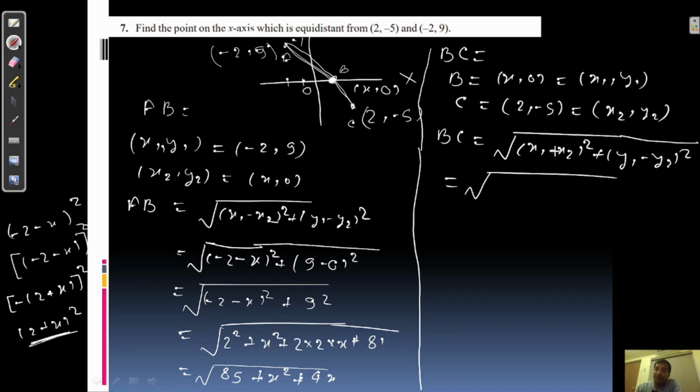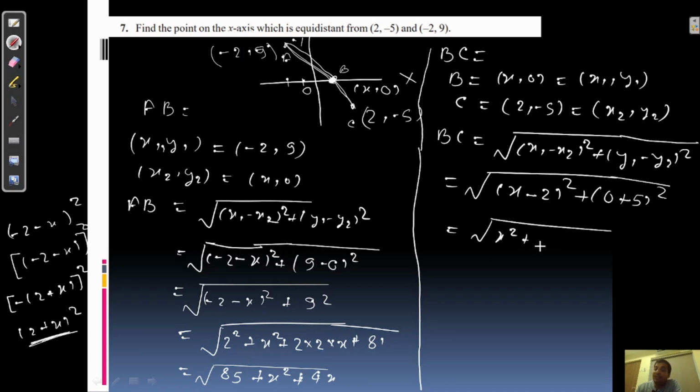Okay. So now tell me, what is the value of x1? Yes, it is x. What is the value of x2? It is 2. Now you can see it is not minus x minus 2, so I will treat this as a minus b. If minus is here, then I can treat it as x plus, a plus b. Plus, what is the value of y1? It is 0. What is the value of y2? Minus 5. So it will make this minus sign into plus. Let us solve it.